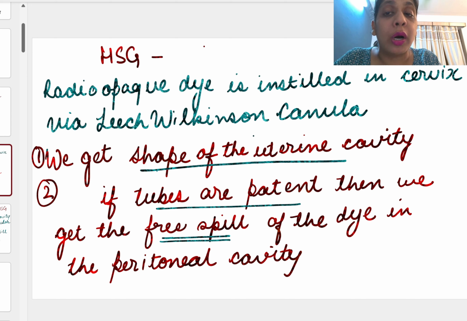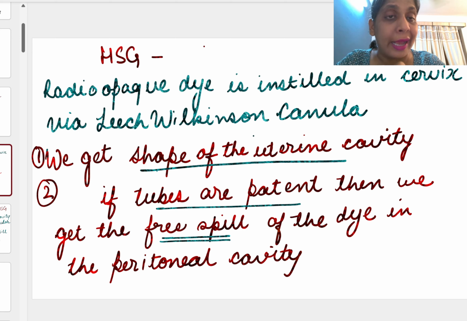While performing HSG, we instill a radiopaque dye in the cervix with the help of the Leech-Wilkinson cannula. The Leech-Wilkinson cannula is just like a pencil, made of steel. So upon the cervix, we fix this cannula, and from behind we put the dye.